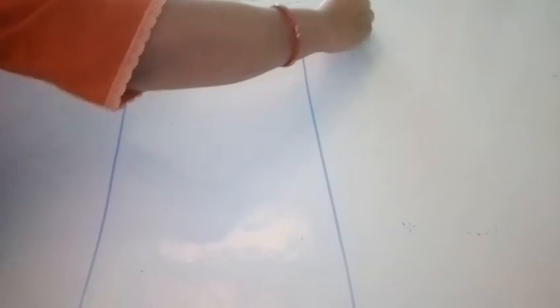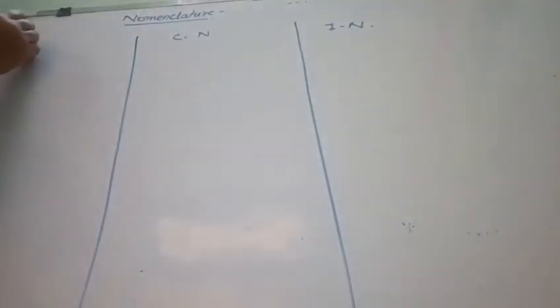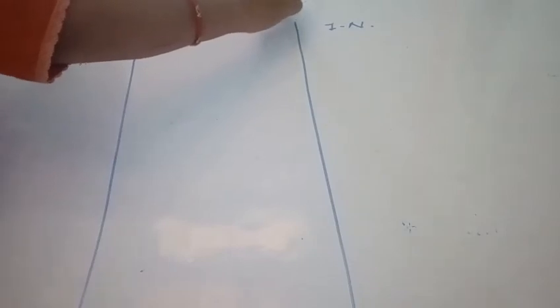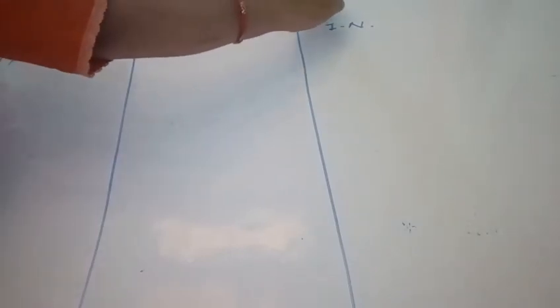Here common name, here we will study IUPAC names. So the very first member is HCOOH. Here the suffix which we will use for carboxylic acid is oic acid. So oic acid will be the suffix which will be used.